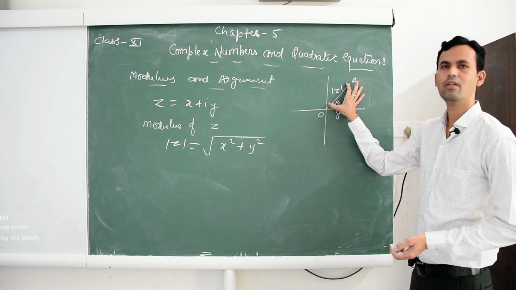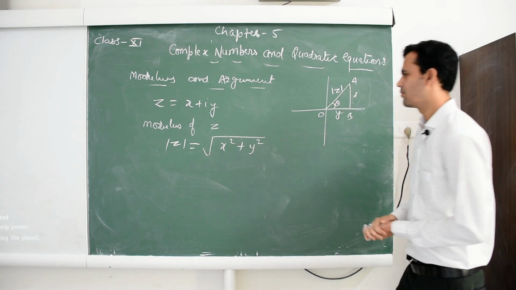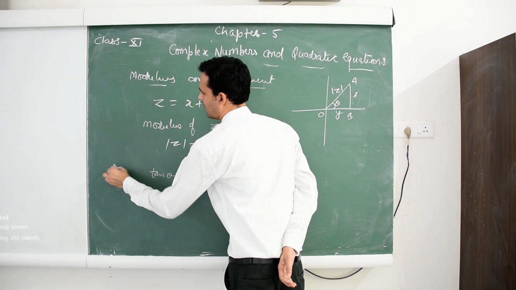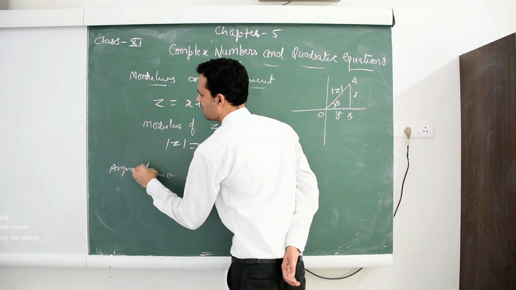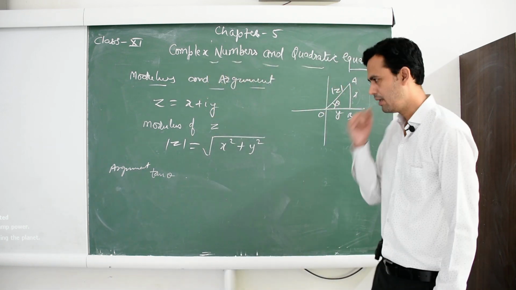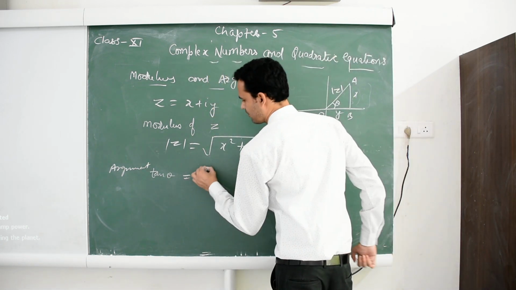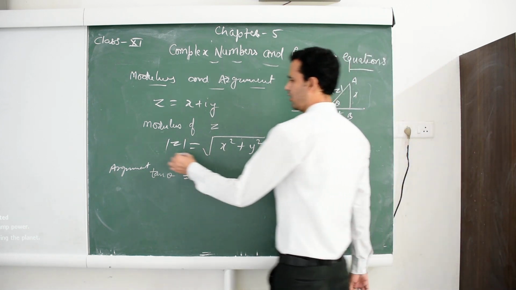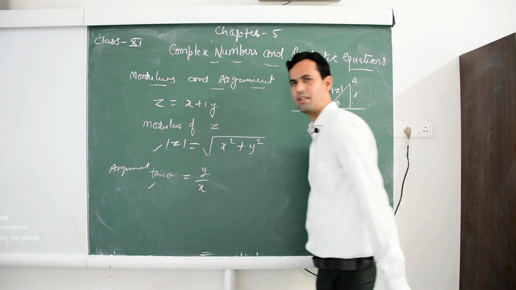This is the length of OA. This is called modulus. Argument is basically an angle. Tan theta equals y upon x. So this is called modulus and this is argument.